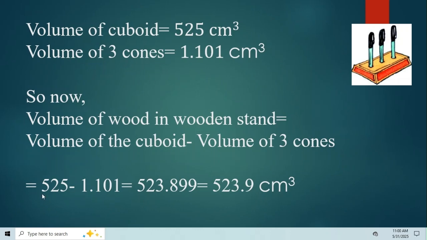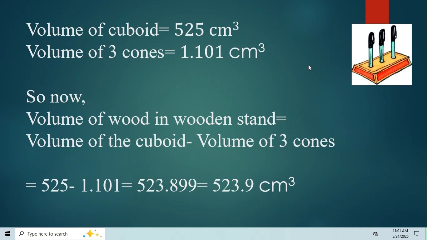So we subtract one from the other. 525 minus 1.101. How much will we get? We will get 523.899 cubic centimeters. With further simplification, 523.9 cubic centimeters. It is nothing but the volume of the wood in the wooden stand.